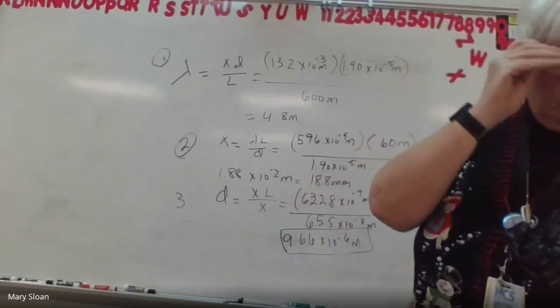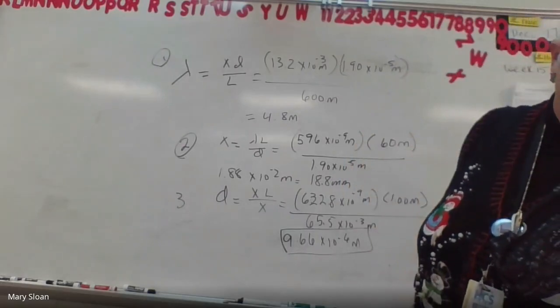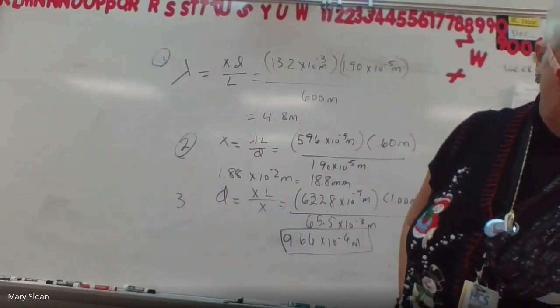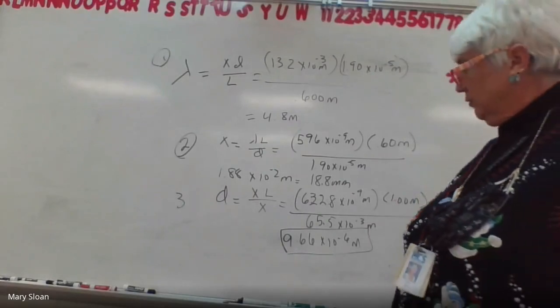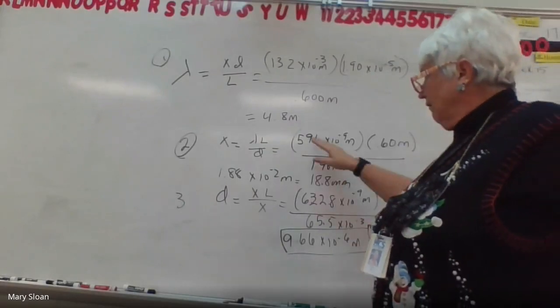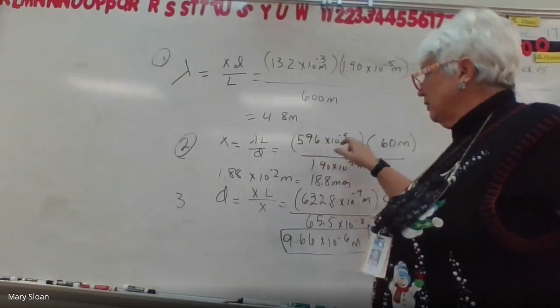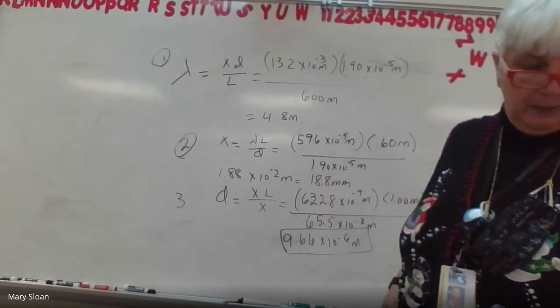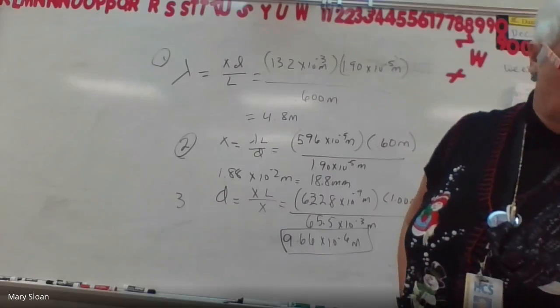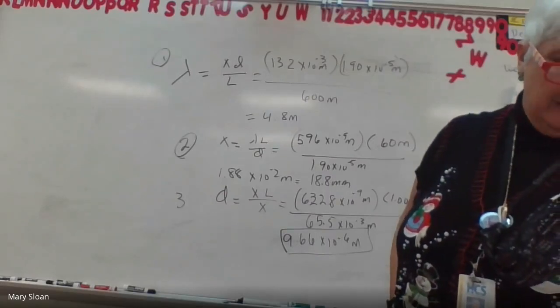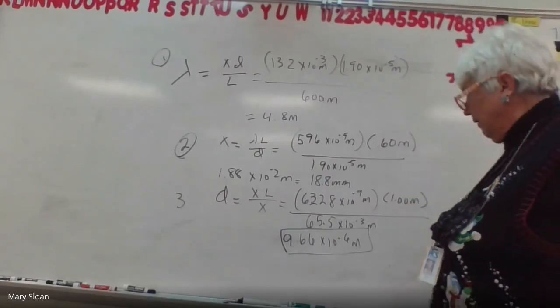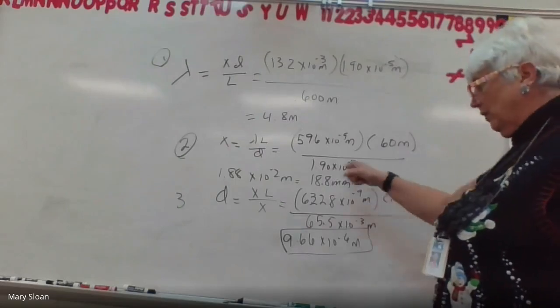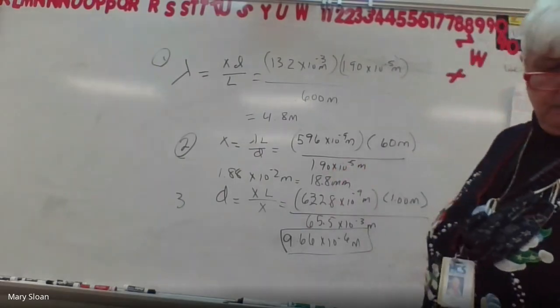Number 2: yellow-orange light from a sodium lamp with a wavelength of 596 nanometers. As I'm changing that to meters, that's 596 times 10 to the negative 9 meters, is aimed at two slits that are separated by 1.9 times 10 to the negative 5th meter.